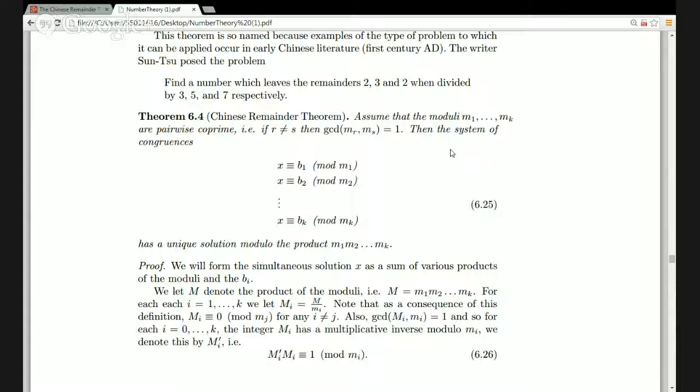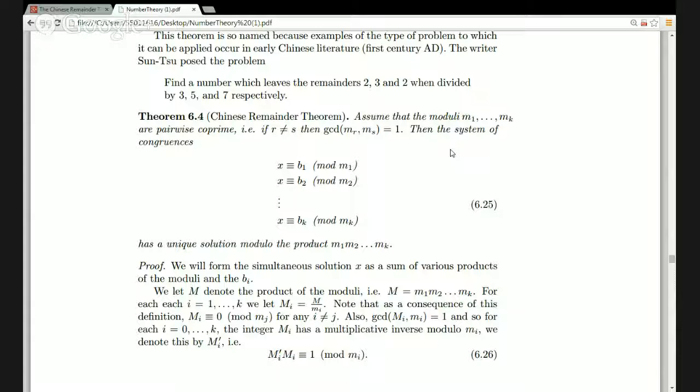That makes them look like powers or something, I won't do that. Those are the B1, B2, B3, and these are the M1, M2, M3. So first of all, we talk about this number, capital M. Capital M is the product of my three moduli, which here is 105, isn't it? 15 by 7, 105.